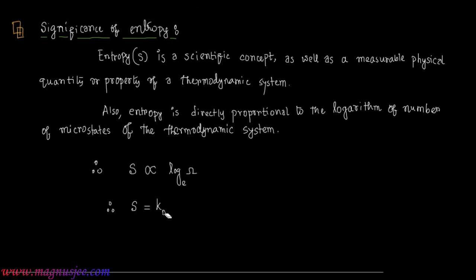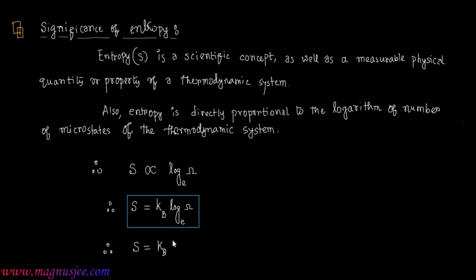S is equal to kB log omega, where kB is the Boltzmann constant and omega is the number of microstates of the thermodynamic system. We get entropy as kB log base e omega.